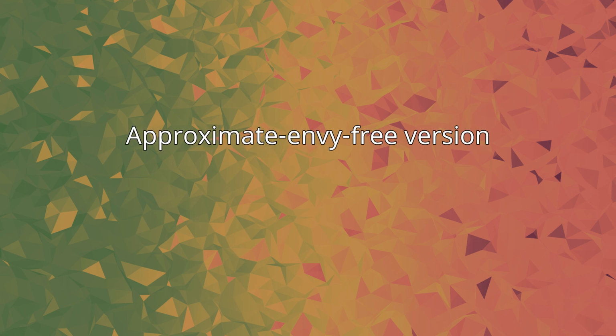Approximate envy-free version. When there are 3 or more partners, the division obtained by the last diminisher protocol is not always envy-free. For example, suppose the first partner Alice receives a piece which she values as 1/3 of the total. Then, the other 2 partners Bob and Charlie divide the remainder in such a way that is fair in their opinion, but in Alice's opinion Bob's share is worth 2/3 while Charlie's share is worth 0.